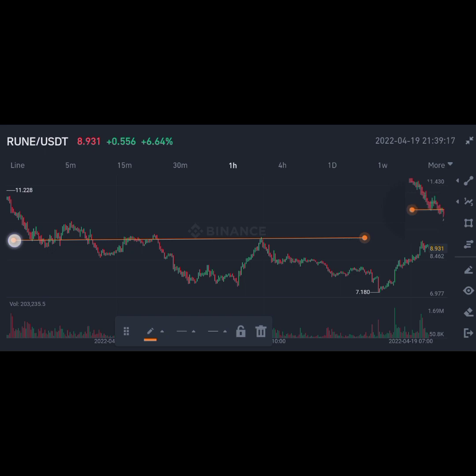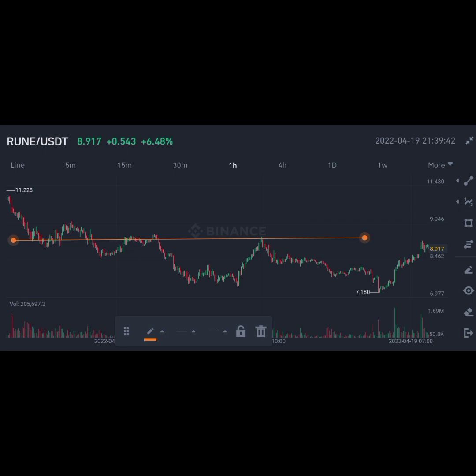So you can see this is a resistance zone. Ensure it is touching the body, or rather the wick of the candles. It can touch the wick, it can touch the candle, it doesn't really matter. But let it touch every pivotal zone. I'm talking about this point here. So basically this is how to draw your resistance.